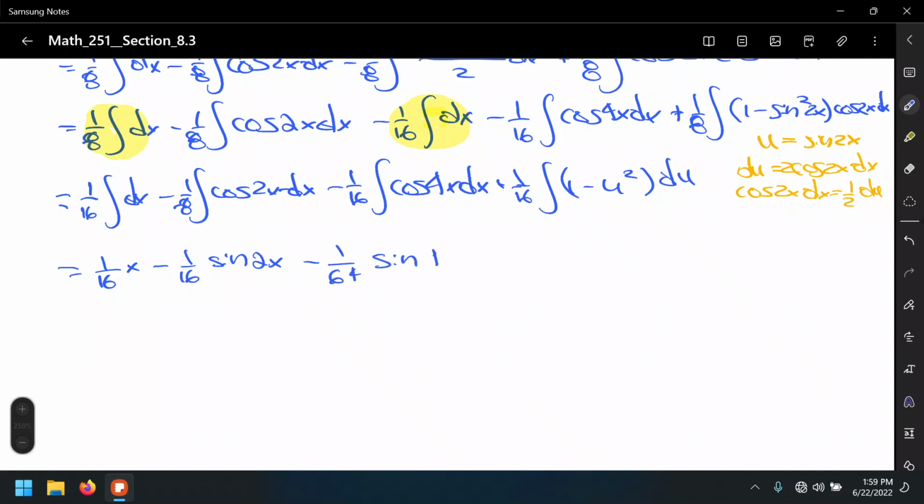Sine 4x. And in this case we have 1/16 the integral of 1, which is u, minus 1/16 the integral of u squared, which is u cubed over 3. But that 3 multiplying with the 16, isn't it 48?